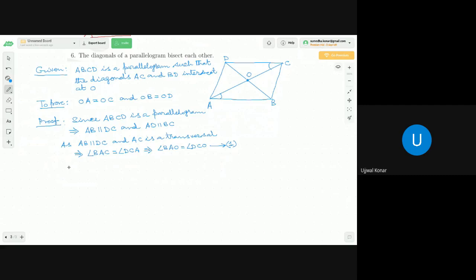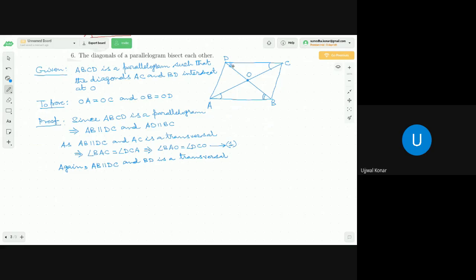AB is parallel to DC and BD is a transversal. So from here we can say, dear students, that angle ABD is equal to angle CDB.